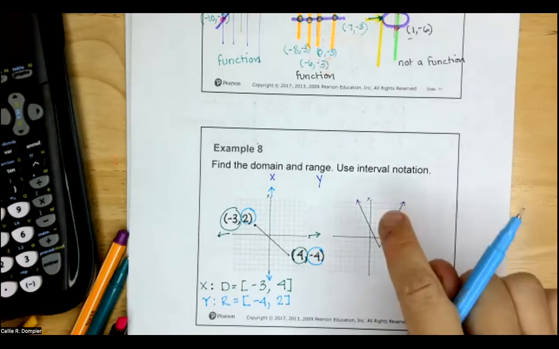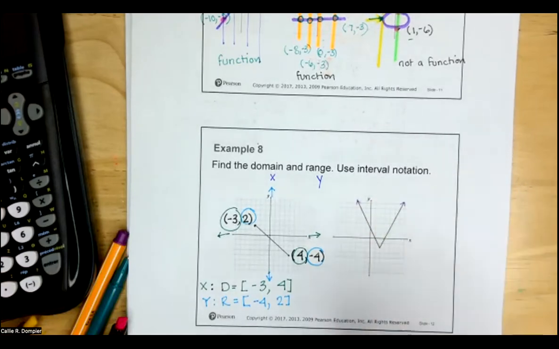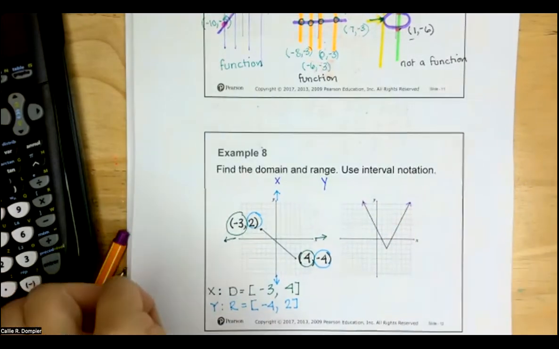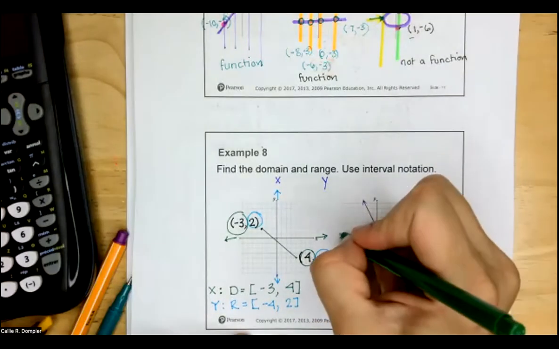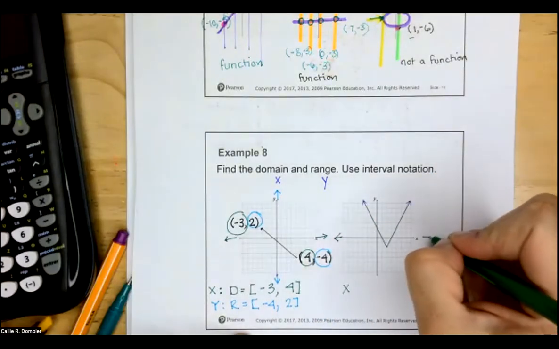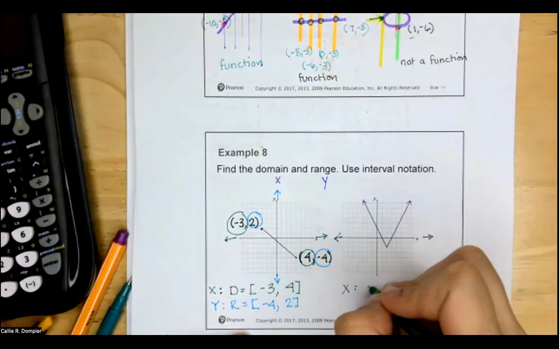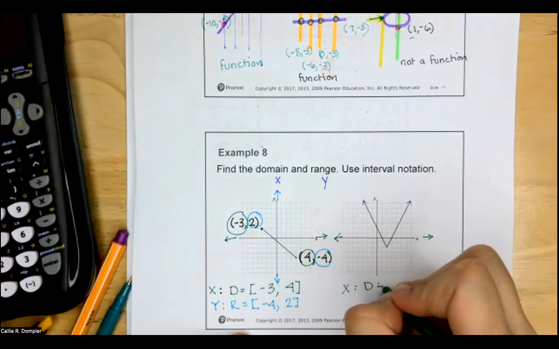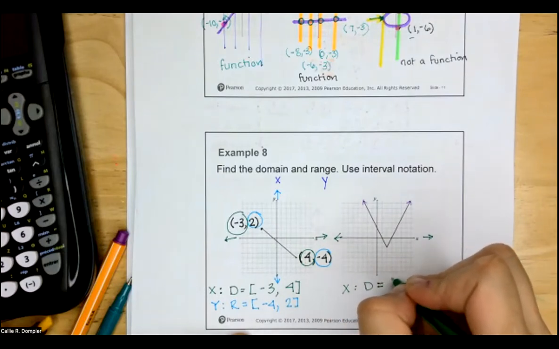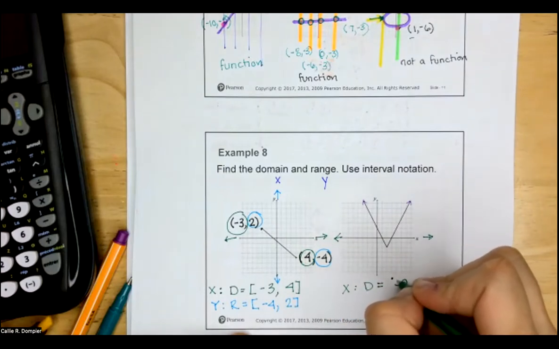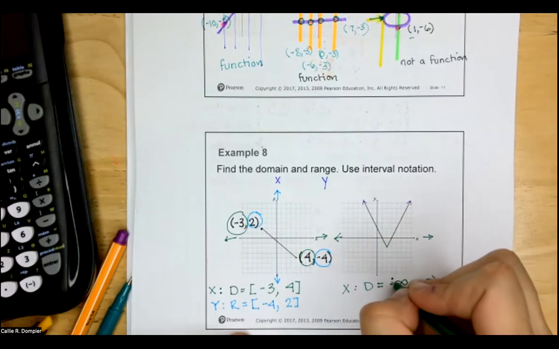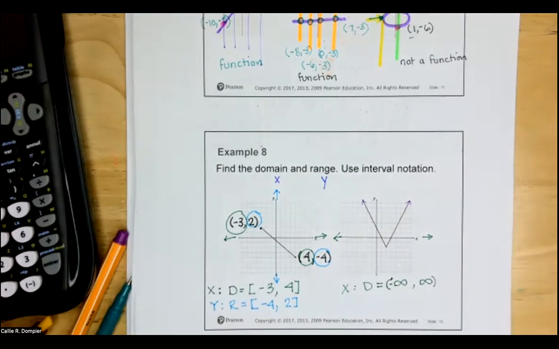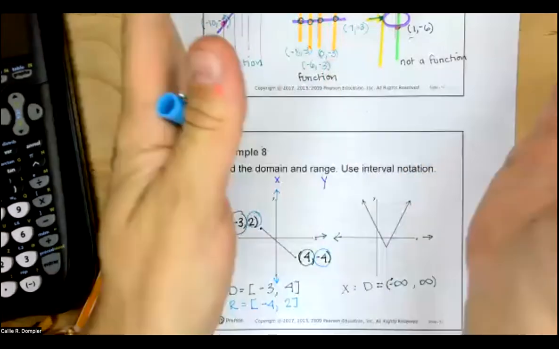Here, because these are arrows, our domain, remember, is x. So going in this direction and this direction, my x goes on forever. So from negative infinity to positive infinity. It will never end. Those are arrows.